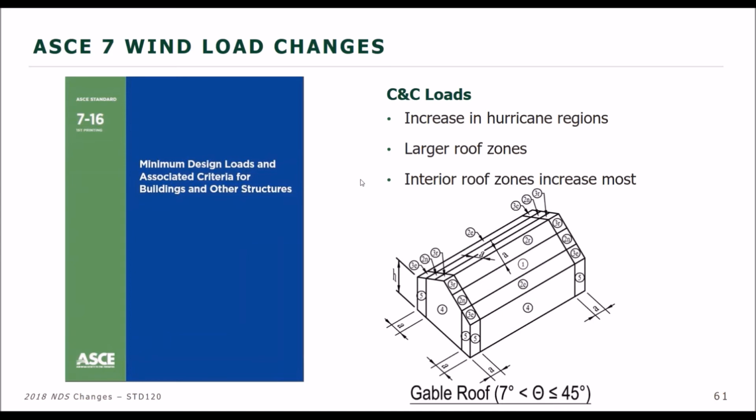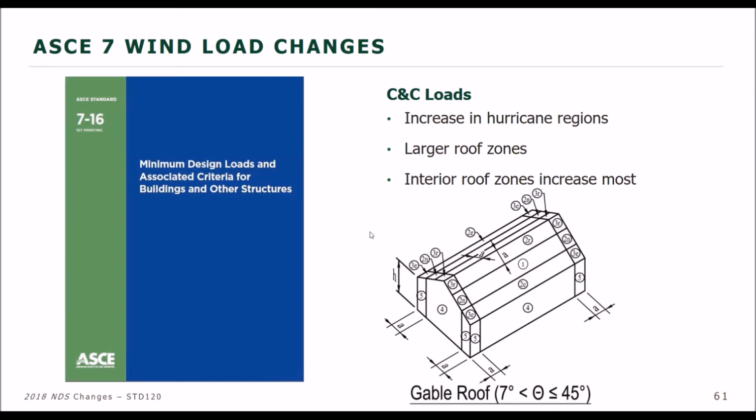So here we're seeing a typical C&C load diagram from ASCE 7, showing all the different zones 1, 2, and 3 for the roof, which is what we're focusing on here. Those new roof pressure coefficients are increasing. So along the hurricane coastlines, you're going to see some increases.